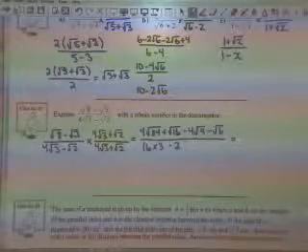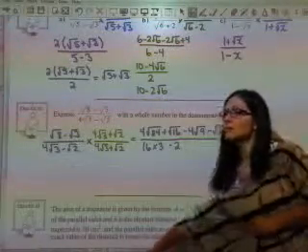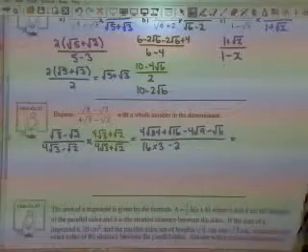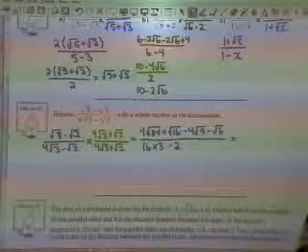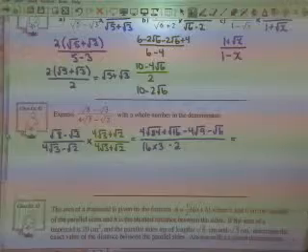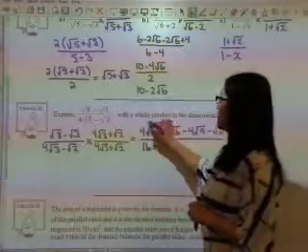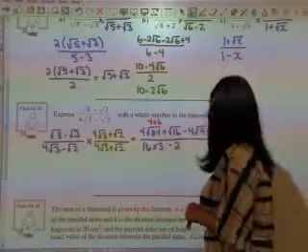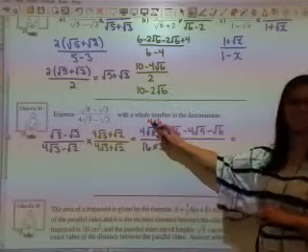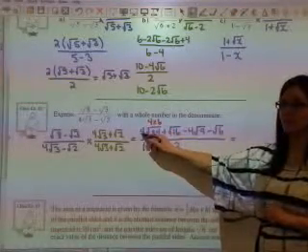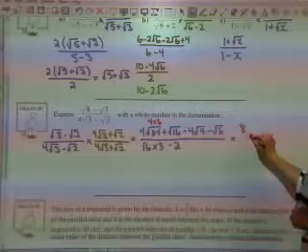So let's start off with our root 24. Does root 24 have a perfect factor in it? 4 times what? 6. What's the square root of 4? 2. Times 4 is 8. So this will become 8 root 6.